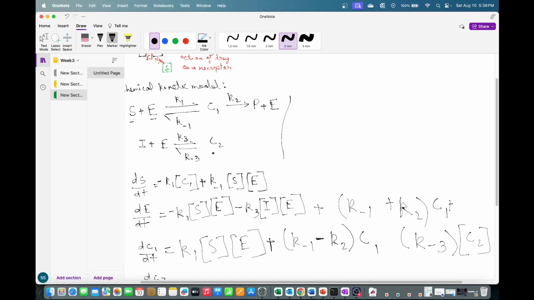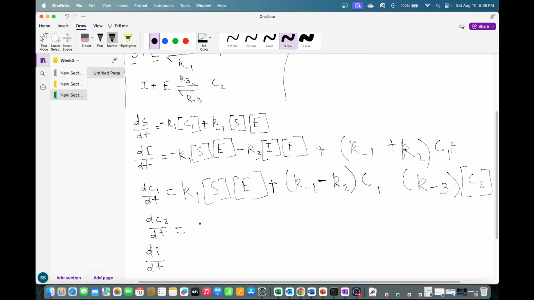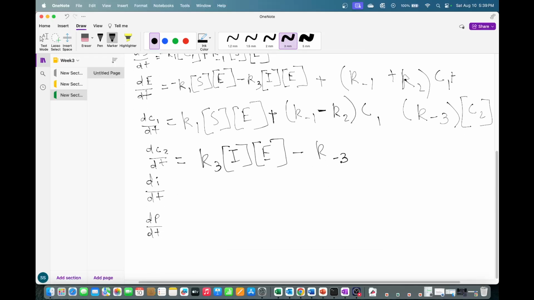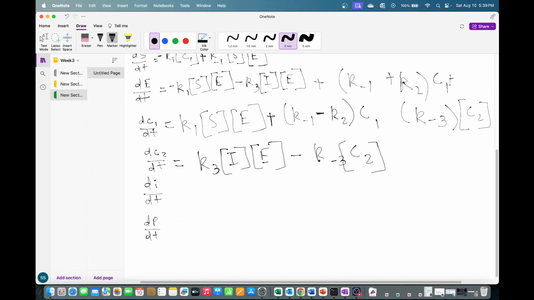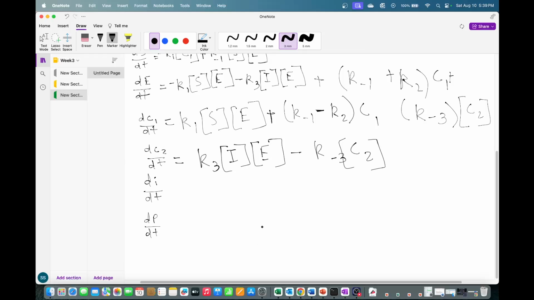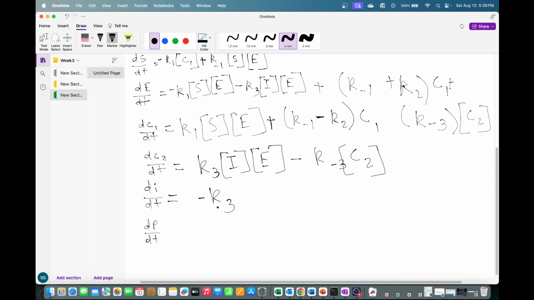Now C2 is here. C2 is only dependent on I and E, so it is getting formed by K3 I into E, and it is getting used up by K of minus 3 C2, right? Now the next is I. So I is getting used up by K3, not minus K3.